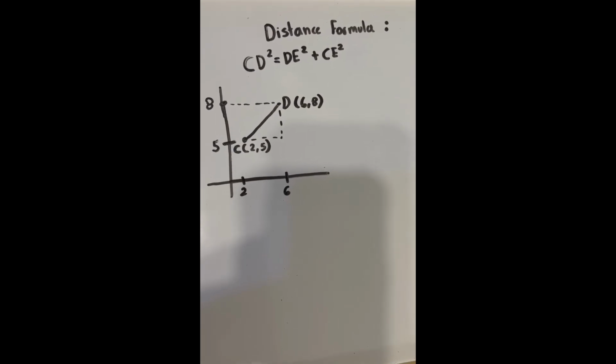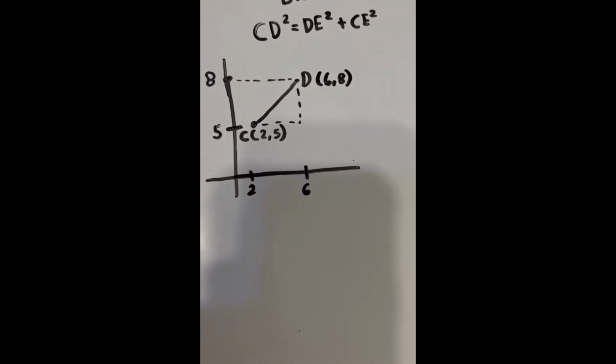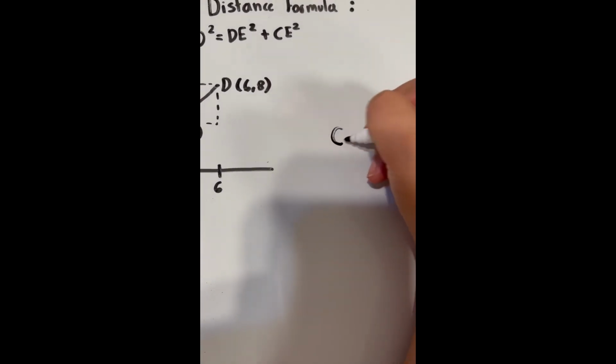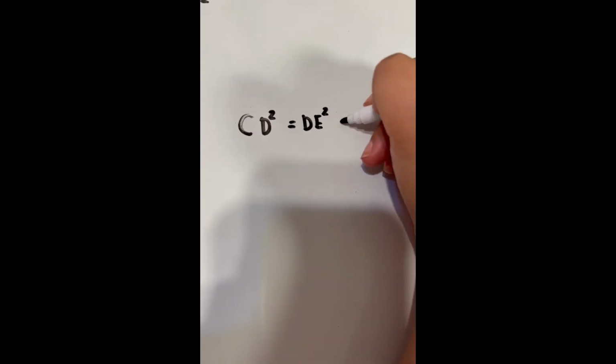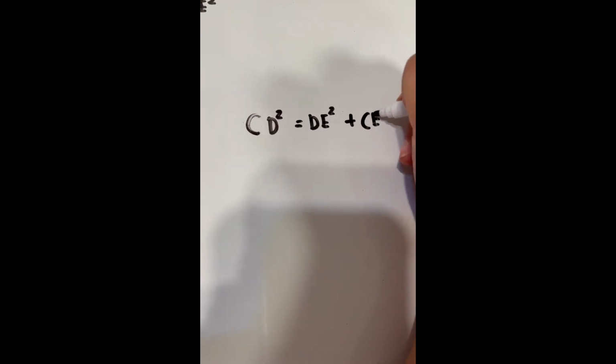As mentioned earlier, the distance formula can also be related to the Pythagorean theorem. So for this question, our formula or equation will be CD squared equals DE squared plus CE squared.